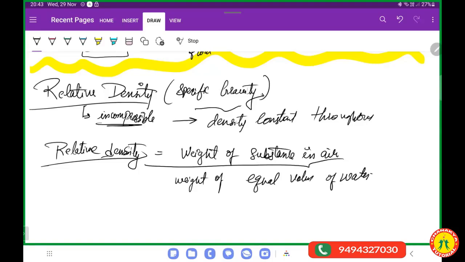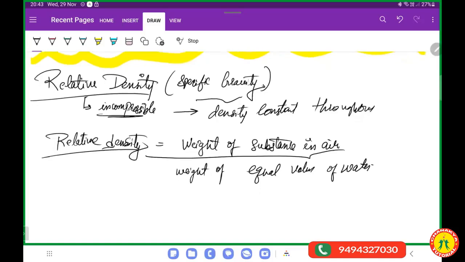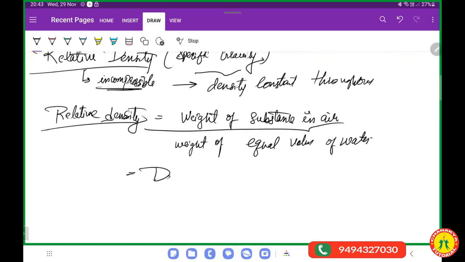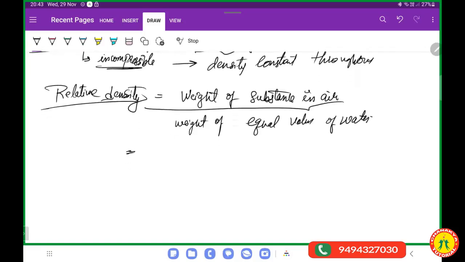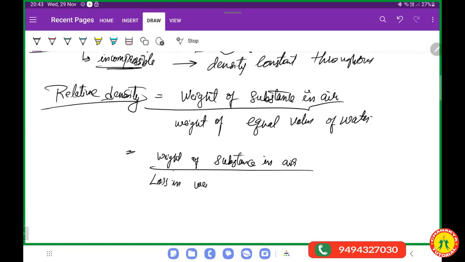That is relative density. Or the other way we can say, let's write it this way. This formula I have mostly used: weight of substance in air divided by loss in weight in water.